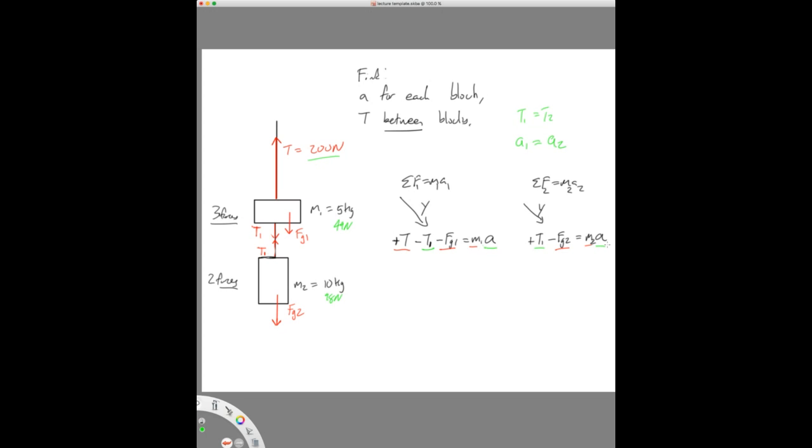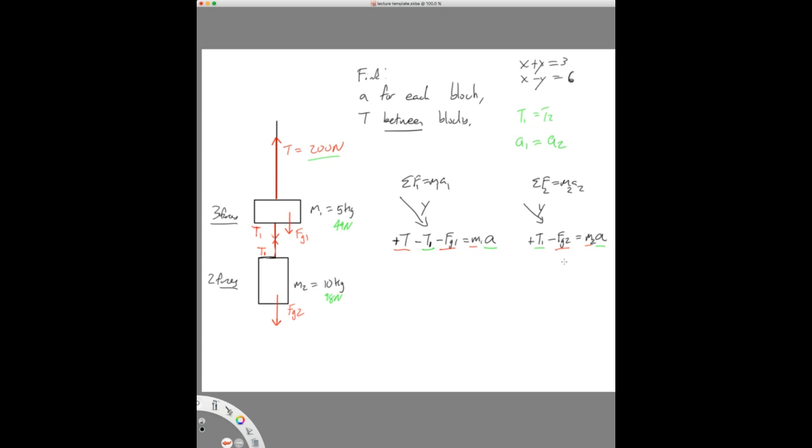Now, two equations with two unknowns, I'm positive you know how to solve that in general, in math class. In math class, it looks something like x plus y equals 3 and x minus y equals 6, and you were trying to solve for x and y.